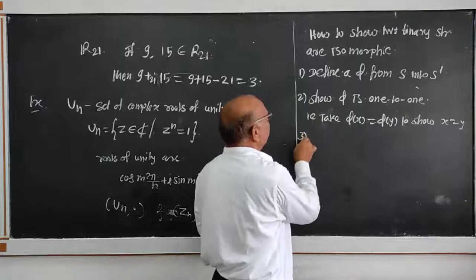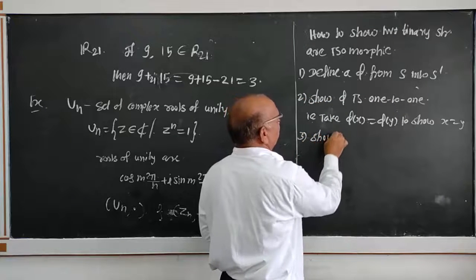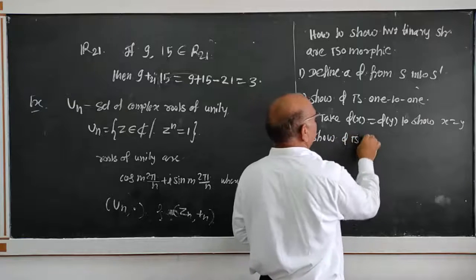Third step is to show phi is an onto map.